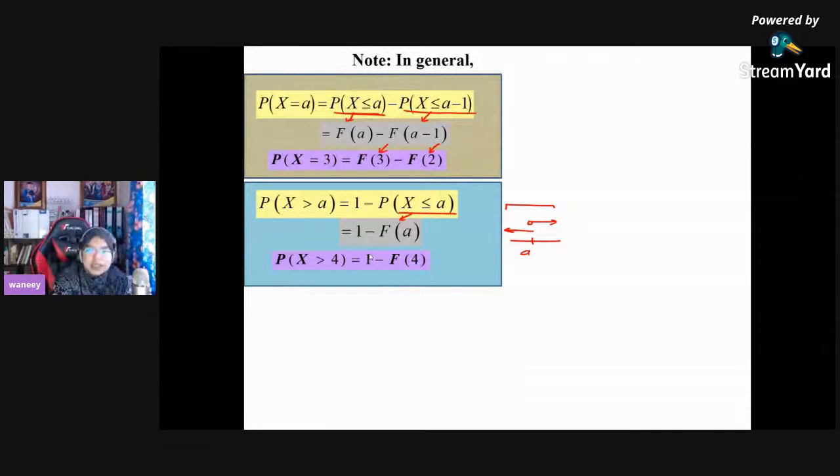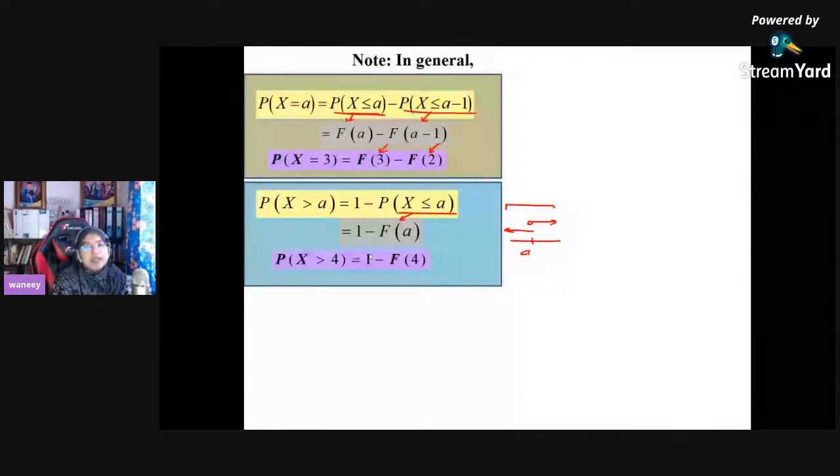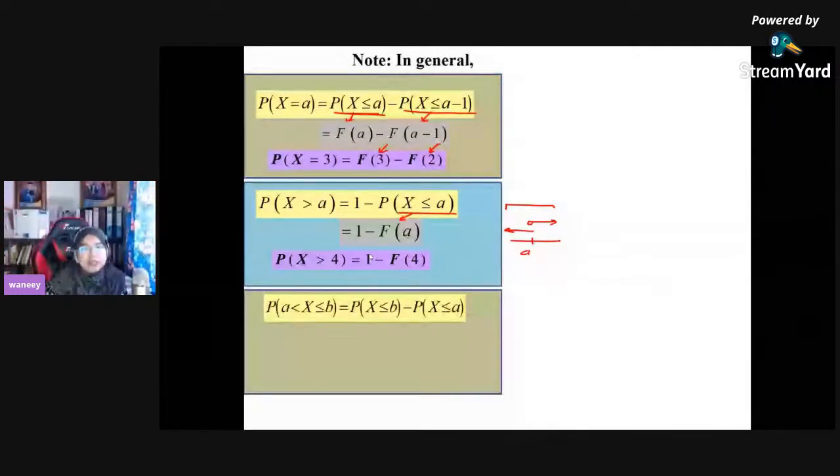Okay, the next one. Right, so if let's say you want something in between, so x will be greater than A but less than or equal to B. Okay, so imagine having a number line, something like this. So A on the left hand side, B on the right hand side. Okay, so cumulative always starts from the left hand side.